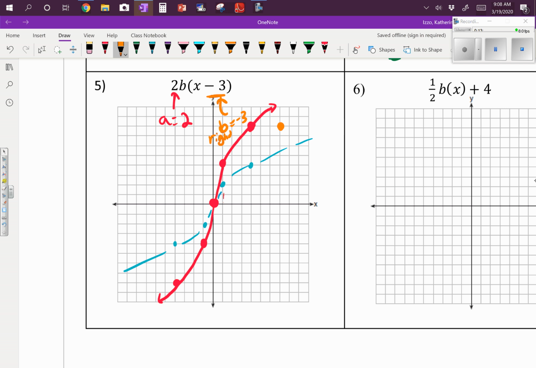So everyone marches right 3 units. 2, 3, 2, 3. 3 units that way, 3 units that way, and that's what it actually looks like. So we've got 2b x minus 3, just like that. And notice there is no c. C is going to equal 0. No up and down movement on this guy.